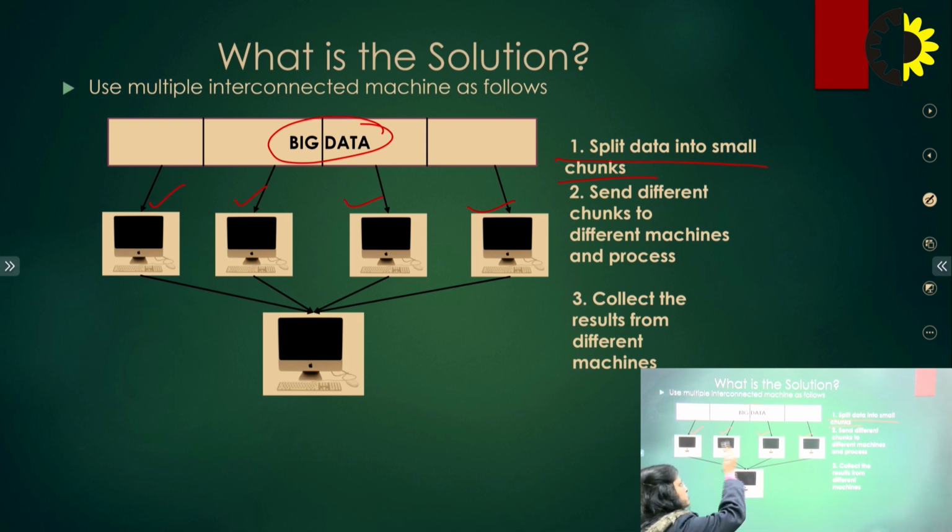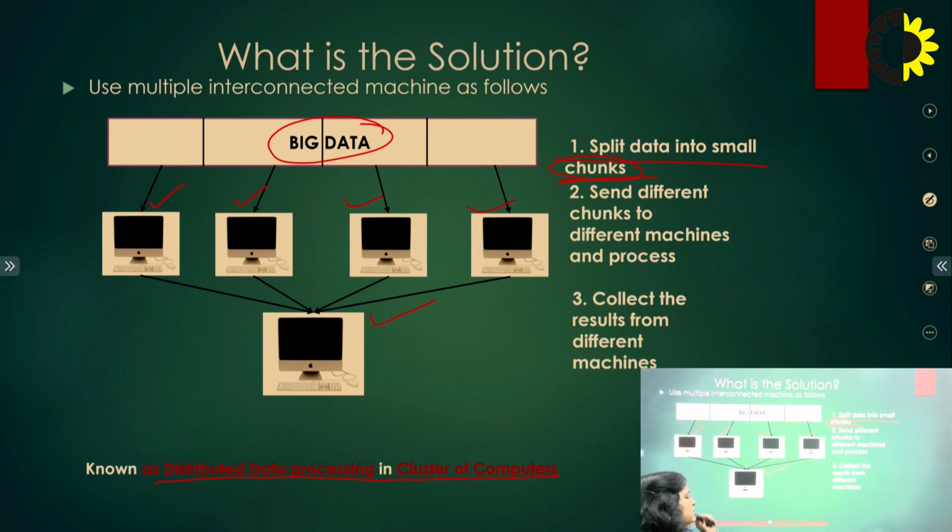These systems process the small chunks, and at the last we collect the results from the different machines and combine all the results produced by them. So this is the solution: distributed data processing in a cluster of computers. The whole scenario is known as distributed cluster computing.